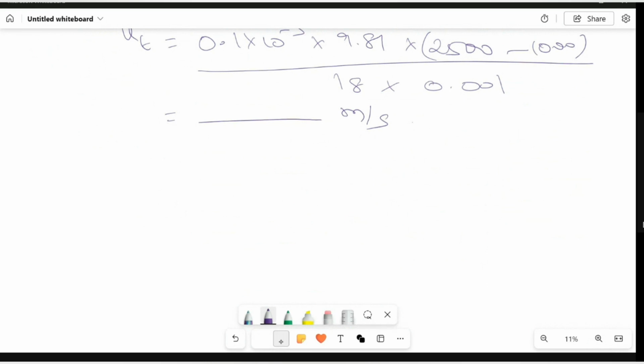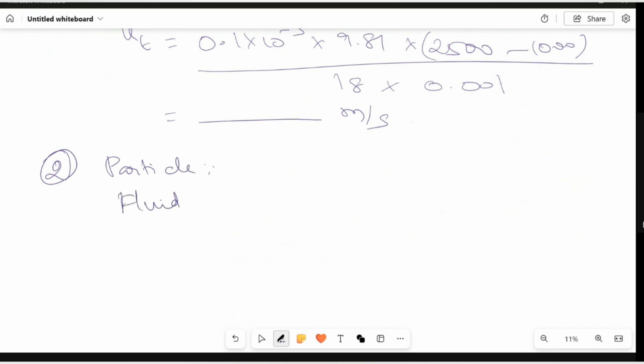Second question. The question statement is going to be the same. I am just going to give a set of particles and the fluid. The question is to determine terminal settling velocity, that is UT.